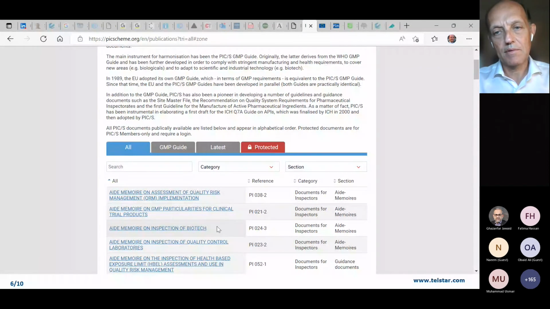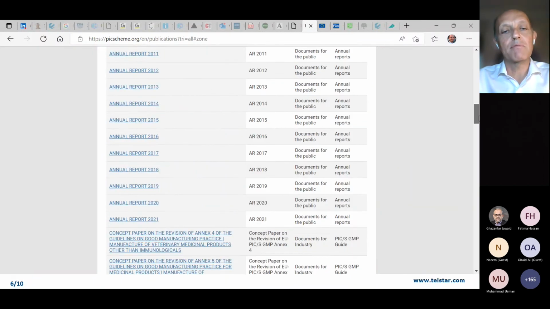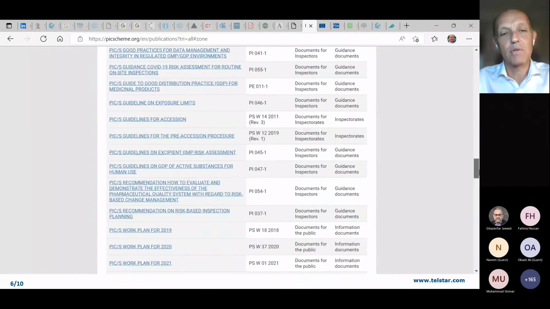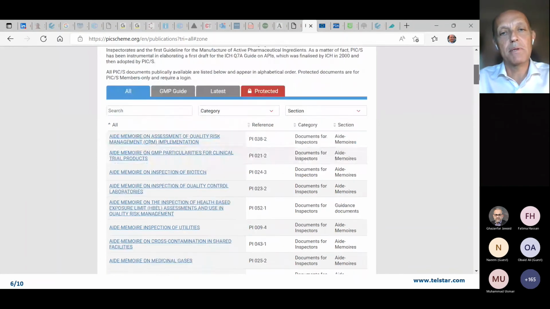If we are smart enough, we will recognize that if you know what an inspector is going to inspect, it's very easy to get prepared for your own inspection by following this aide-memoire. So I recommend that you get into this web page and see this type of documents that are really helpful and tell you how to get prepared.